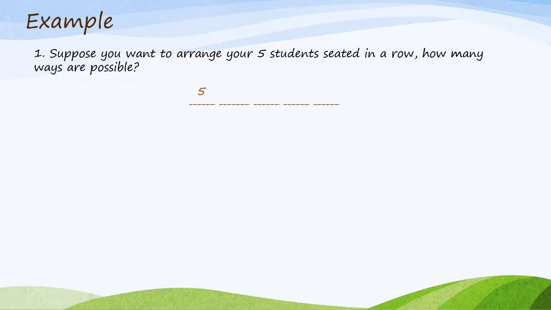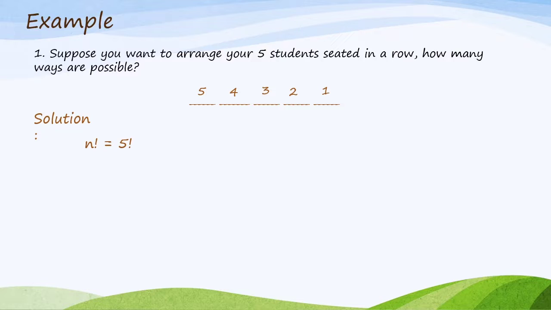Either student 1, student 2, student 3, student 4, or student 5. For each of these 5 possibilities, there are 4 possible choices left for who is in the next position. For each of 4 possibilities, there are 3 possible choices left for the next position, and so on.